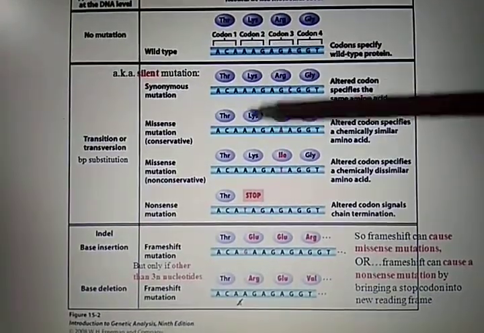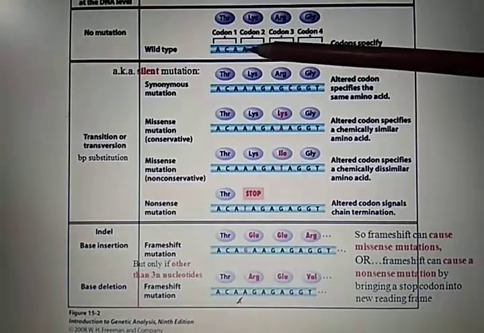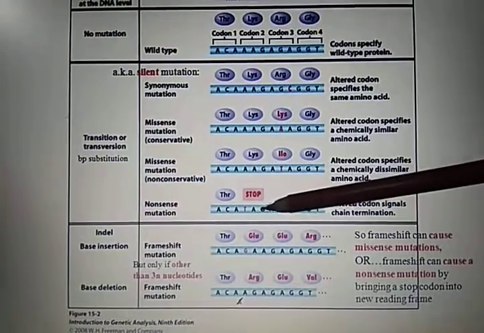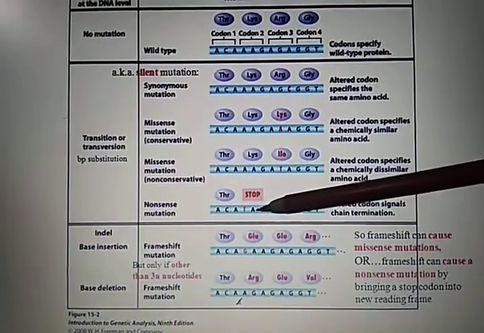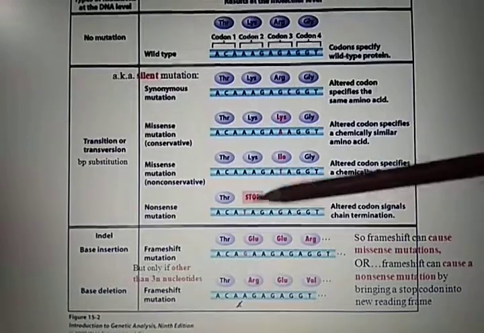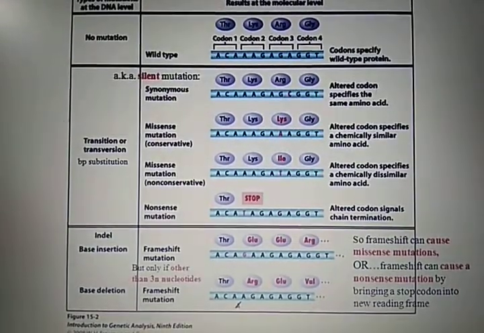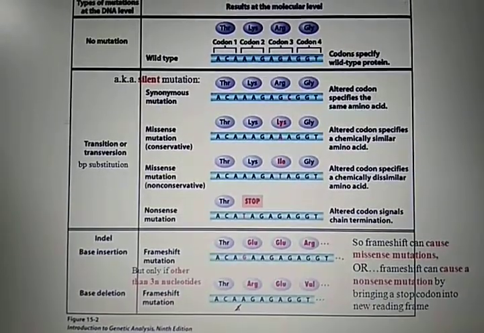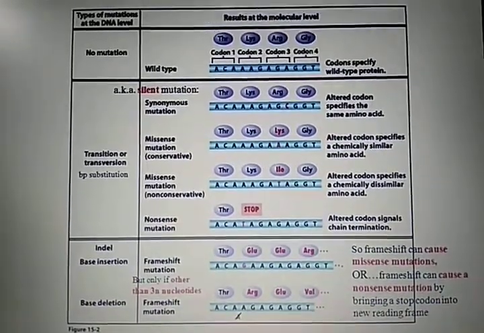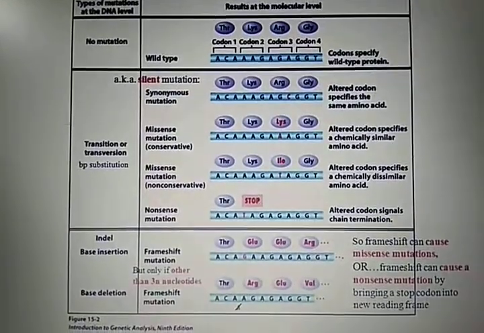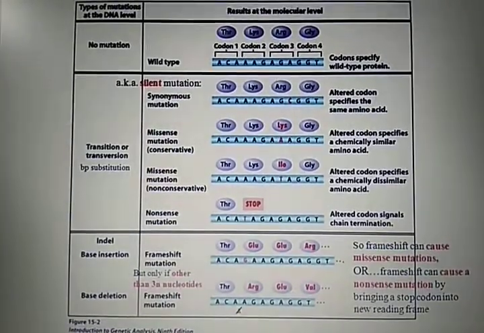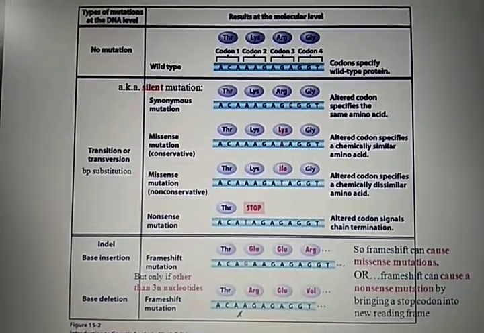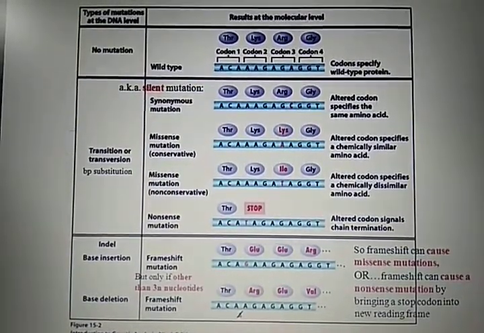When A is replaced by T, it becomes TAG, and TAG codes for a what? Stop codon. So it will lead to the stopping or halting of the gene expression. So this is known as nonsense mutation. Okay, so there are various types of mutation depending upon the basis of classification.